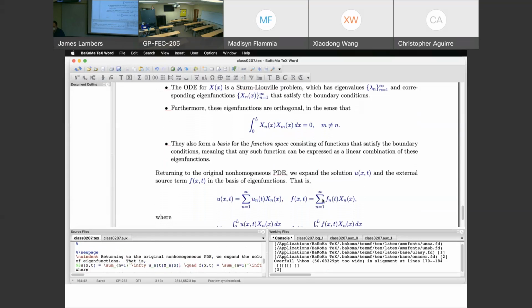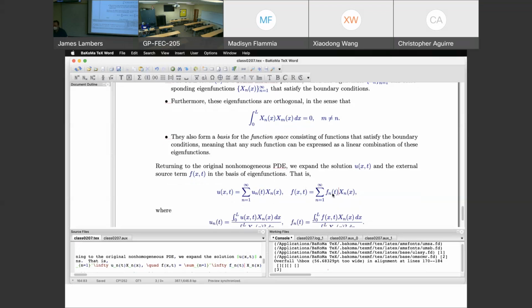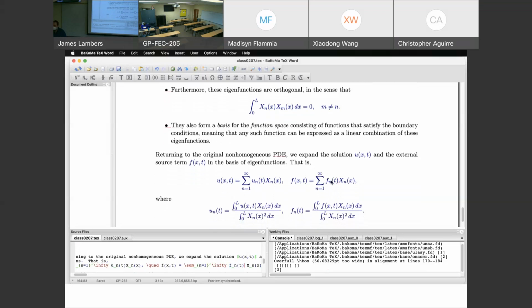And the same is true of the source term. These are called eigenfunction expansions because capital Xn is an eigenfunction. We're expanding these functions in terms of these eigenfunctions. So we have these coefficients that need to be found, and fortunately, I do have formulas for these coefficients right here.